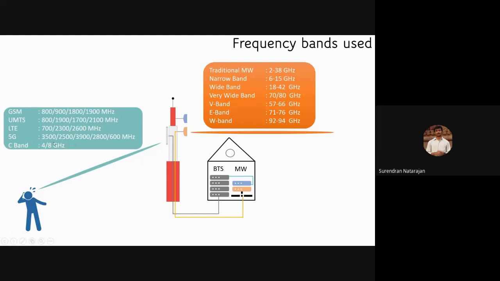If you have an old phone, you can't see these bands 3500, 2500, 3900. And if you launch 5G services, your legacy phone doesn't support them. Similarly, this 2600 megahertz, these are all new frequencies. So whenever you are buying a mobile phone, you should ensure that all the frequency bands are supported.